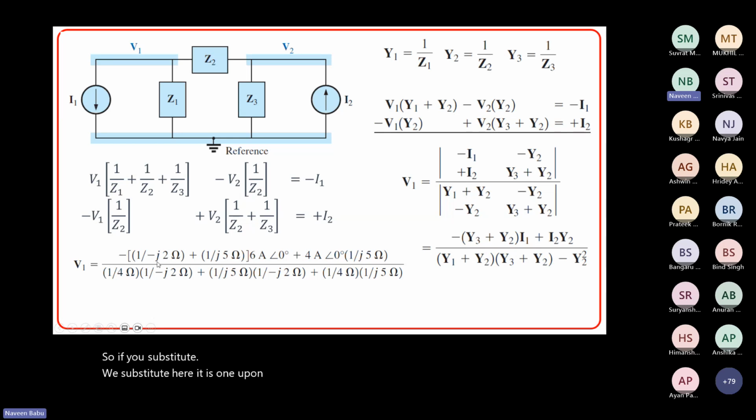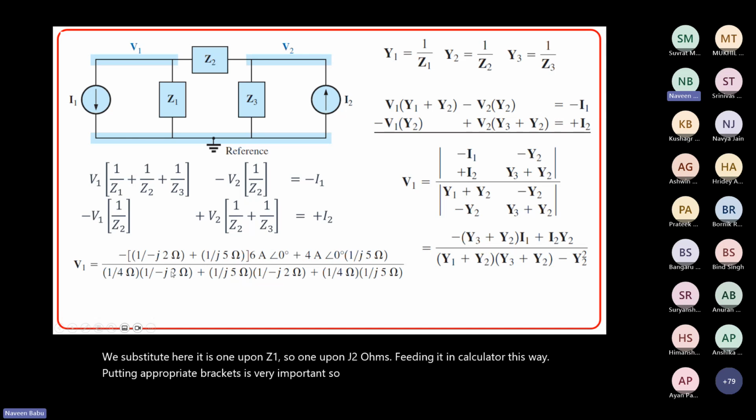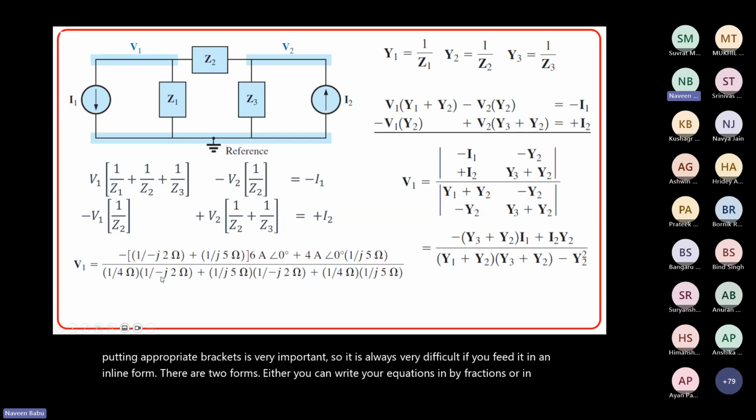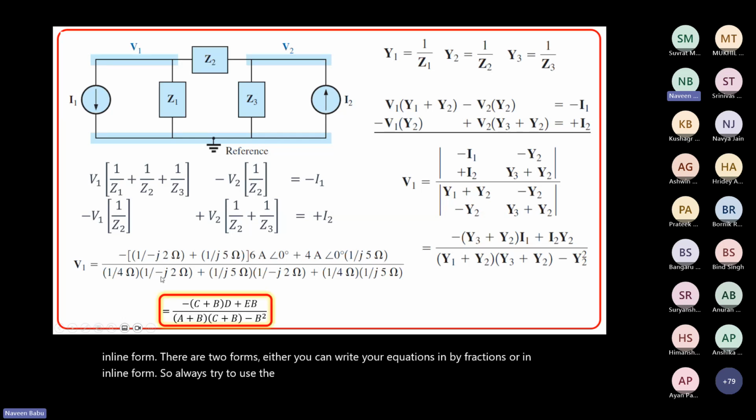So 1 upon minus J 2 ohms. Feeding it into the calculator this way, putting in appropriate brackets is very important. It is always very difficult if you feed it in an inline form. There are two forms: either you can write your equations in fractions or in inline form. So always try to use the fractional mode, as I said in the other class.